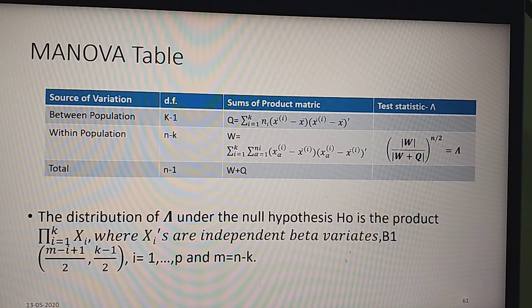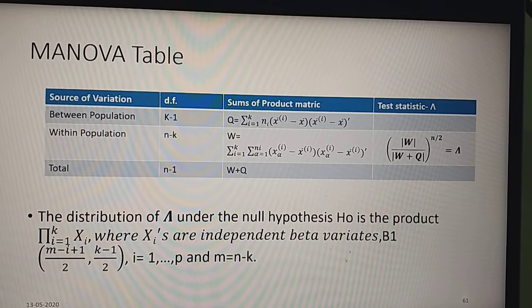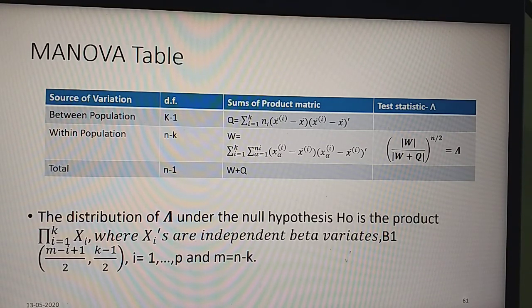The distribution of lambda under the null hypothesis H0 is the product of xi, i goes from 1 to p, where xi's are independent beta variates, beta of the first kind, with parameters m minus i plus 1 by 2, k minus 1 by 2, and m is equal to n minus k.